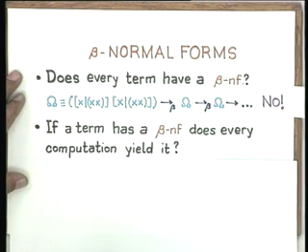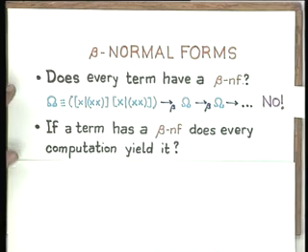So, the next question is, we have non-deterministic computations. Supposing instead of pursuing one form of computation, I pursue some other form of computation. I may have a collection of beta redexes and I have to choose one. I can choose one instead of the other.